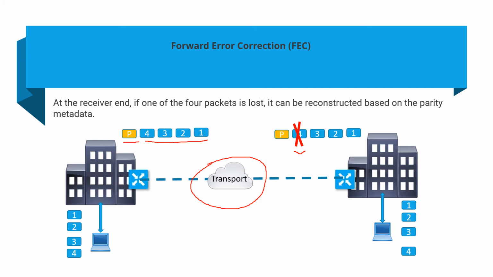In a regular scenario, if it is not SD-WAN, what will happen? This lost packet will be retransferred from this device to another device, which is going to consume a lot of round trip time.